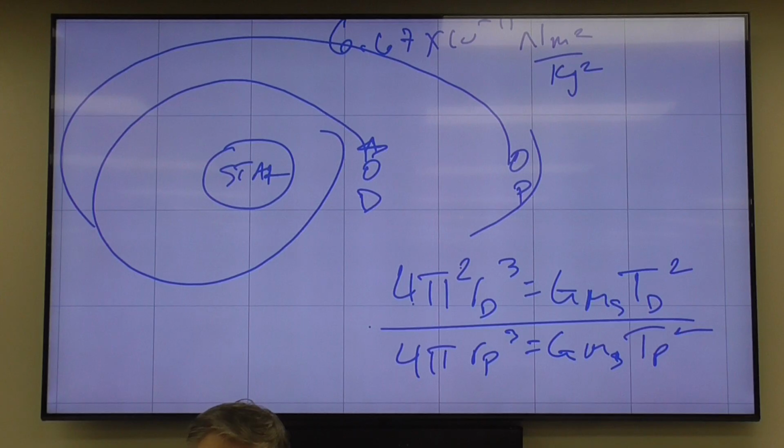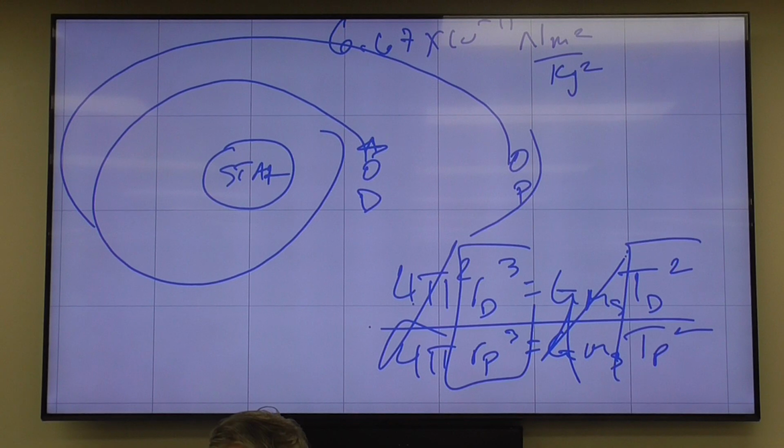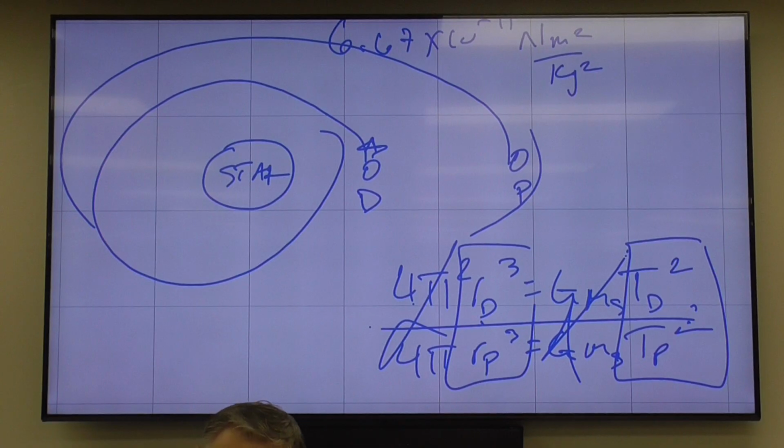What's going to happen to the mass of the star? They cancel out, and you get R cubed over R cubed equals T squared over T squared. Kepler's third law.